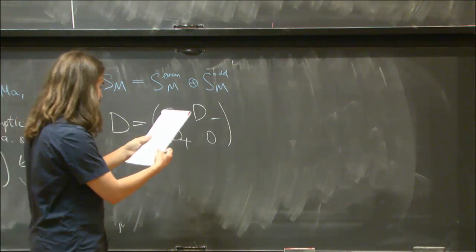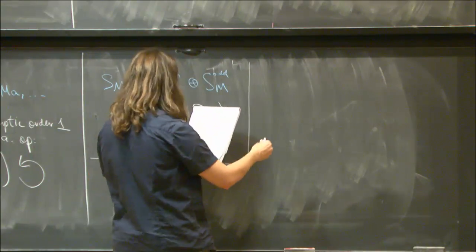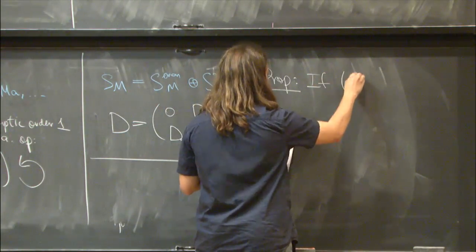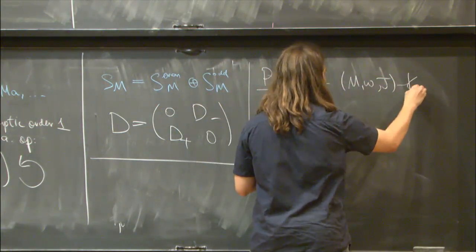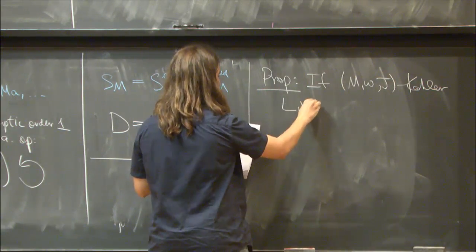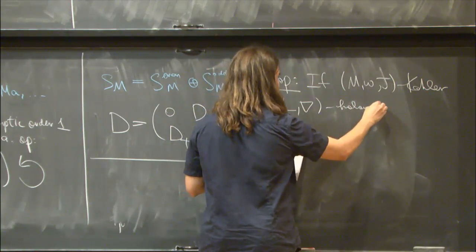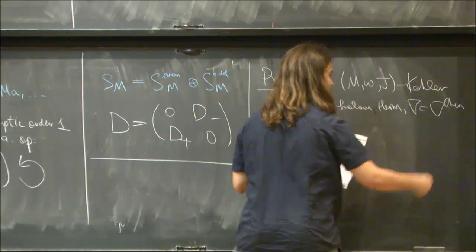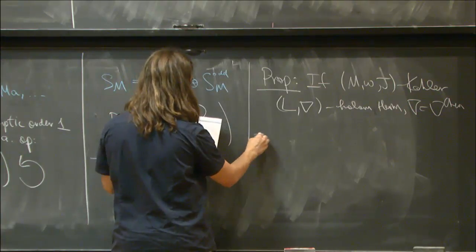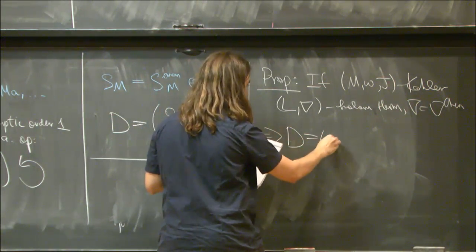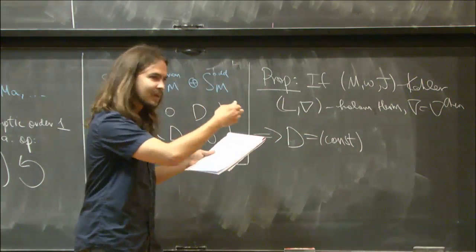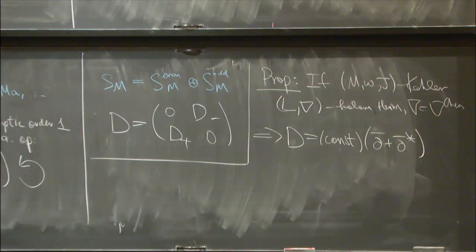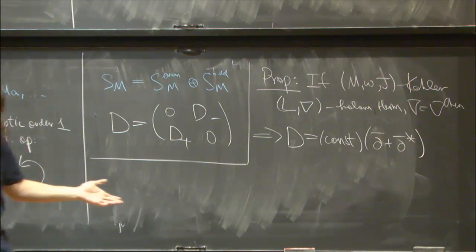Now, what I really want is the following proposition: if (M, omega, J) is scalar, and (L, nabla) is holomorphic Hermitian, and nabla is the Chern connection, then D, up to some normalization constant, square root of 2 or something, is d-bar plus d-bar star. So the square of this is the d-bar Laplacian.